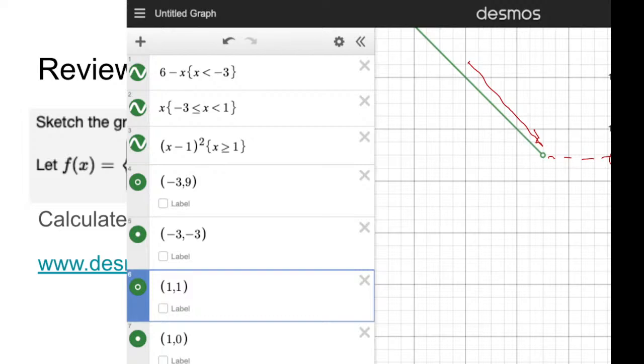And again, we don't go to -3, we just knock on that door. But this time we see that the right-hand limit would lead us to believe that it was -3. So we've got a right-hand limit of -3, left of 9. And since they're not the same, we would say that the limit at -3 does not exist.